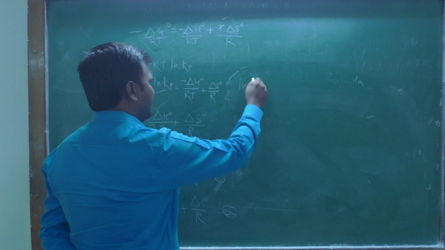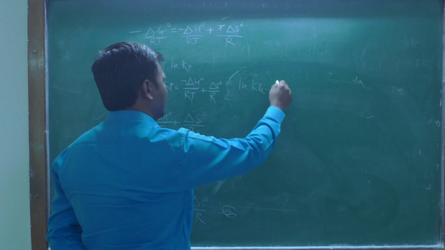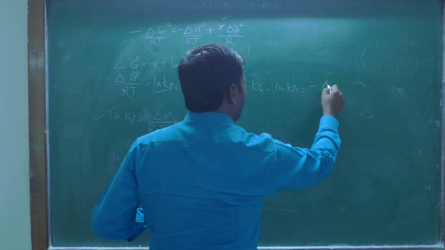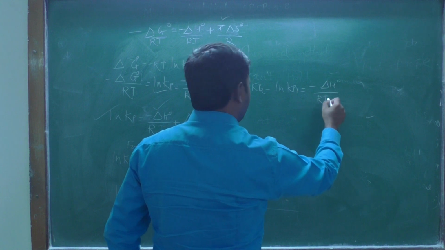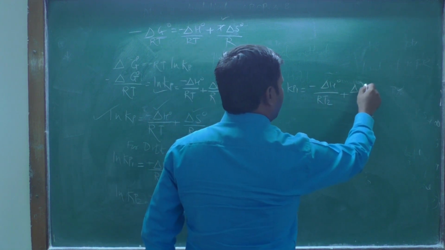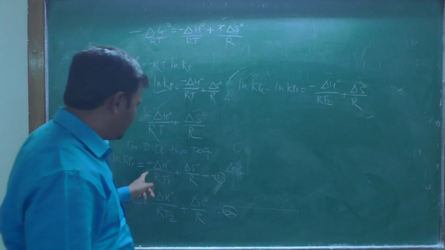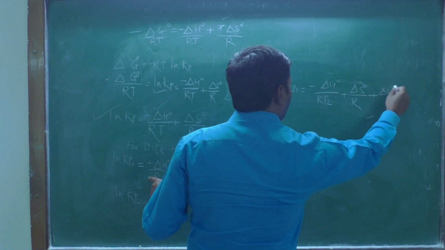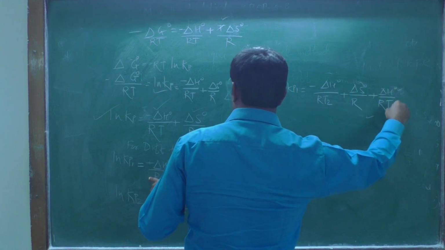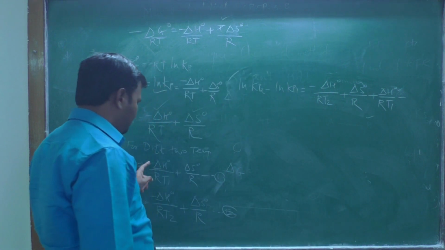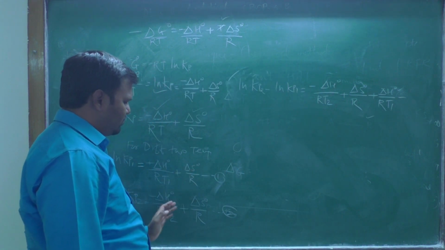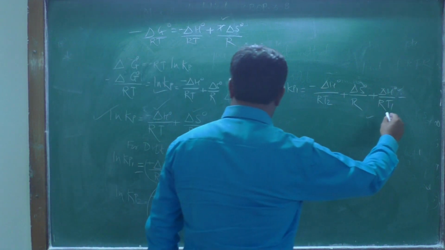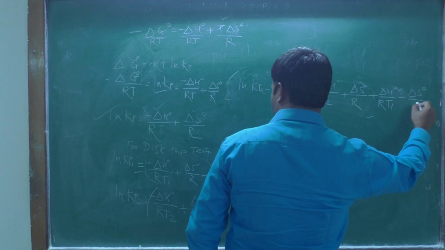Therefore, ln Kp2 minus ln Kp1 is equal to minus delta H naught upon RT2 plus delta S naught upon R, and then minus the first equation's terms. Minus minus becomes plus, so plus delta H naught upon RT1, and minus delta S naught upon R, because we subtract, so all the signs change.